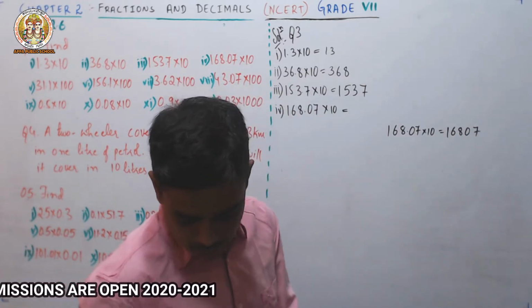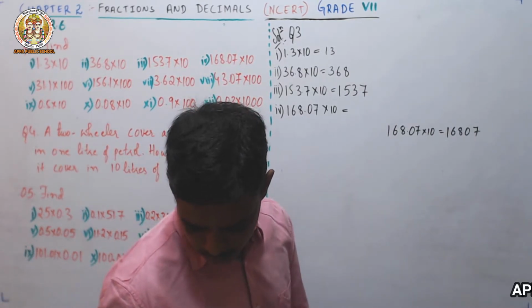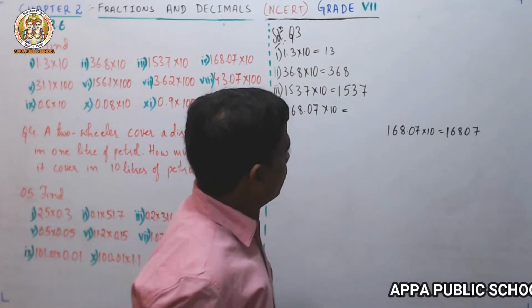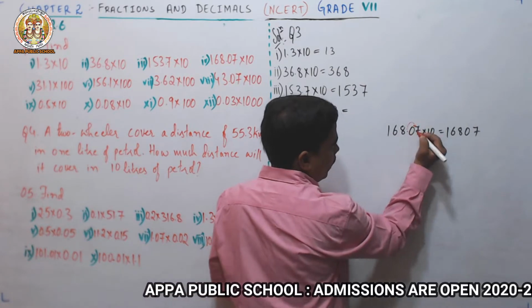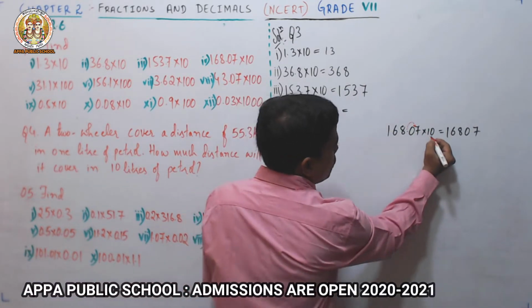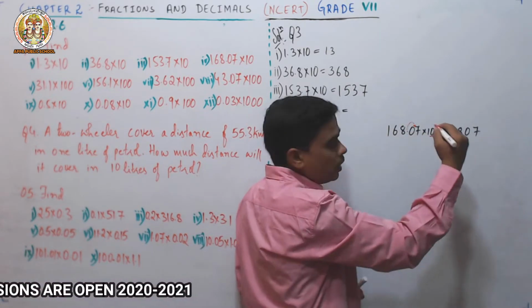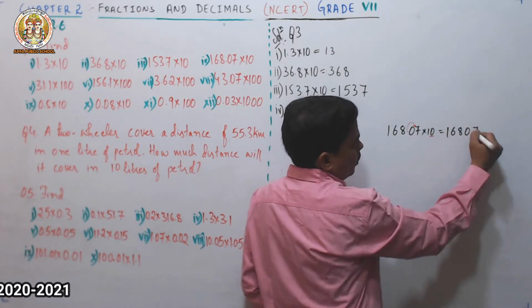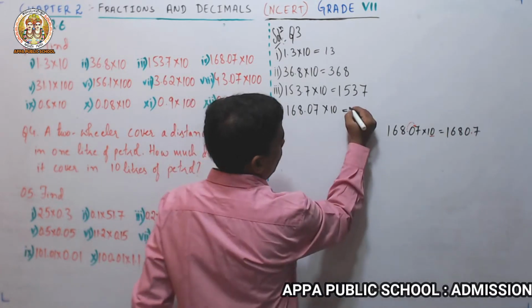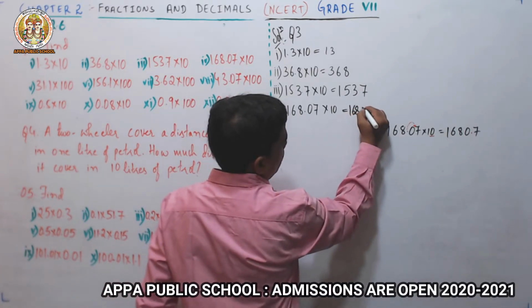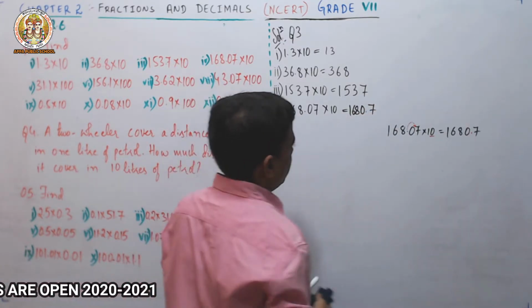Next, this decimal point I will shift by one position towards my right side, because there is only one 0. So the answer is 1680.7.